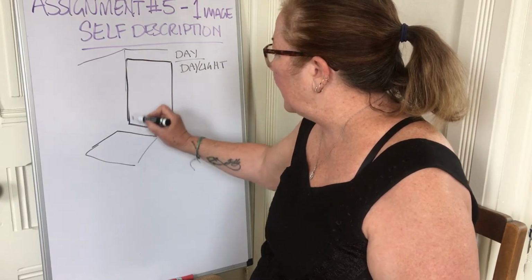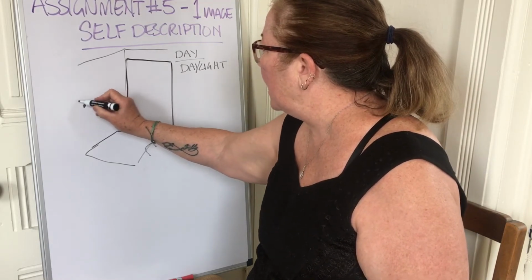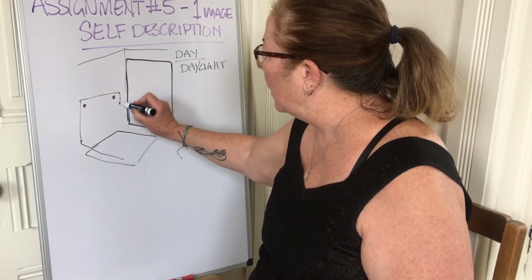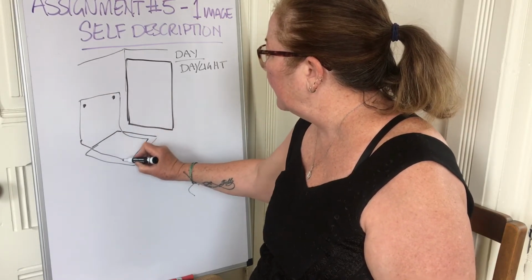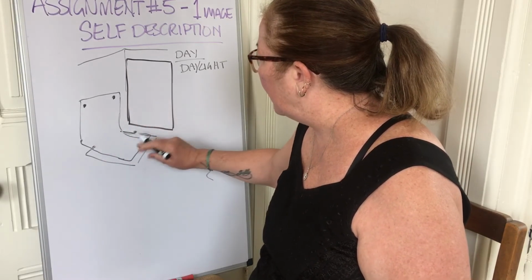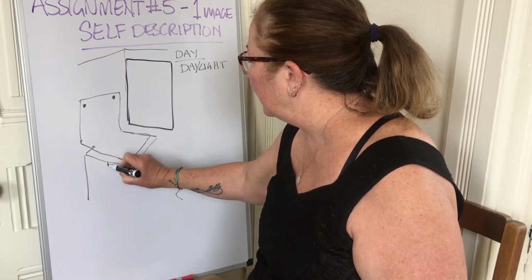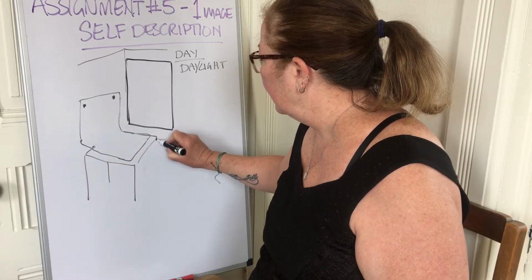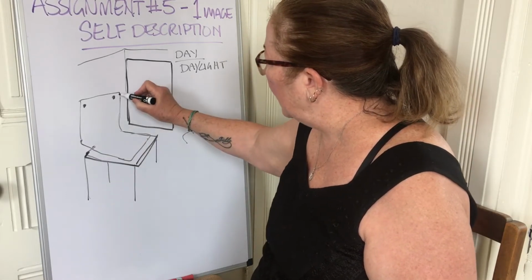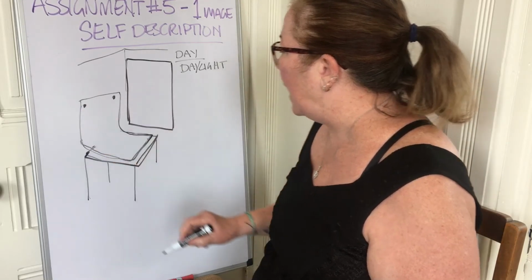You could actually set up a table and you could tack or tape up a piece of fabric that would lay down on the table like this, right? So you would see it kind of covering up the table. So if that were a table, we'll put some legs on it here, and we can get the idea that that is a table, right? So you could take a piece of fabric and place it like that.